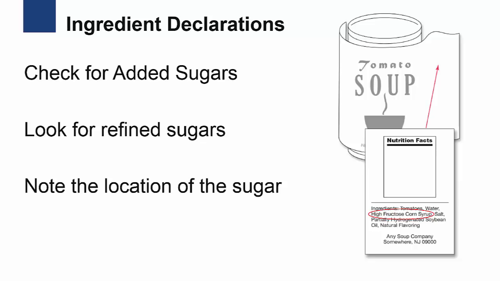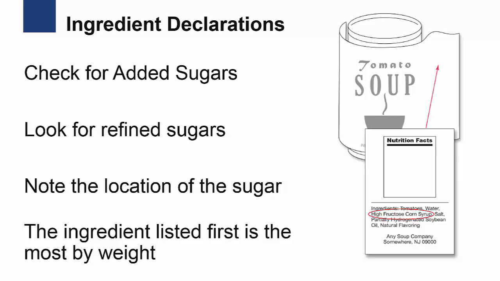Sometimes glucose is listed as dextrose. Note the location of the sugar in the list. The ingredient listed first is the most by weight in that particular food item. If various sweeteners are high on the list, you might want to choose another food.